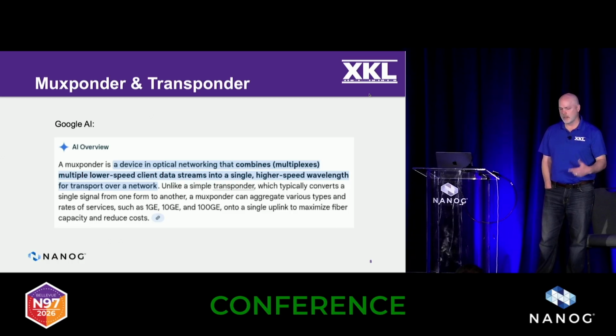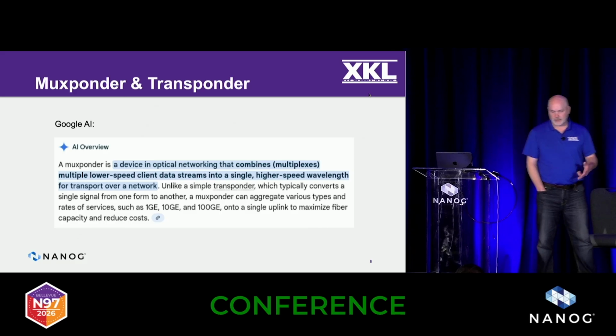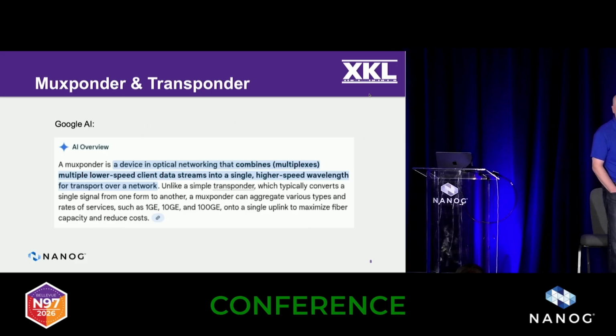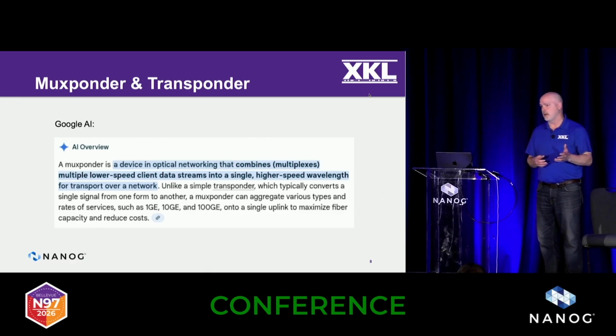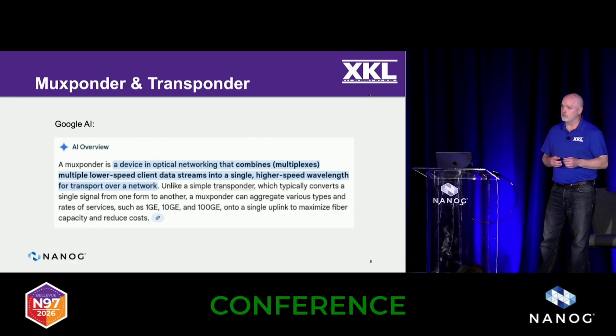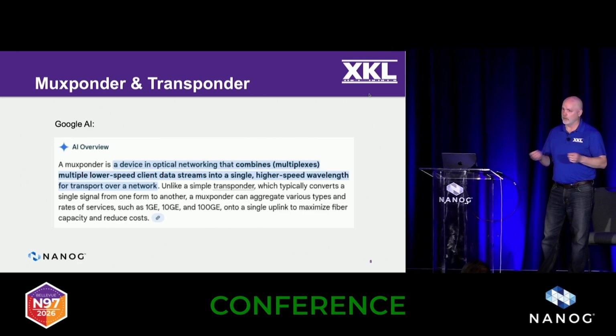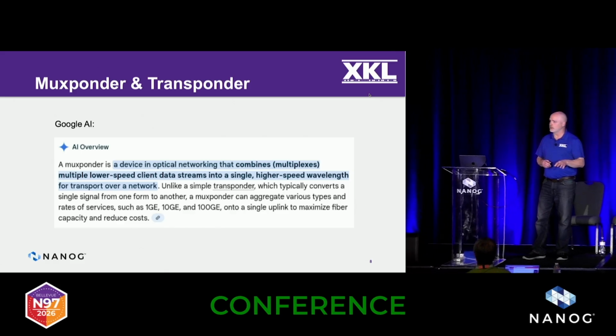So you might want to combine a gig-E, 10 gig-E, 100 gig-E, SONET, fiber channel, etc., into, say, a higher data rate OTU signal. Whereas a transponder is not doing that. A transponder is simply converting something from, say, 100 gig-E to 100 gig OTU. So it's just that one-to-one. So this is the definition we're going to use here today.